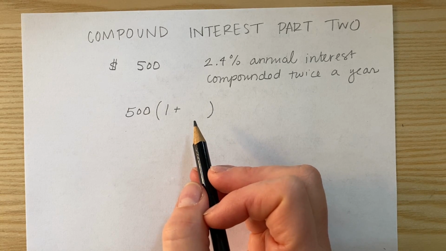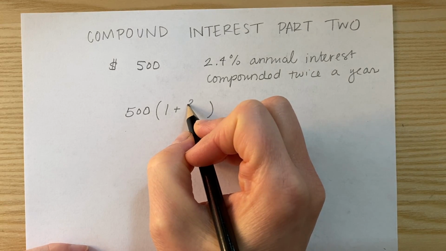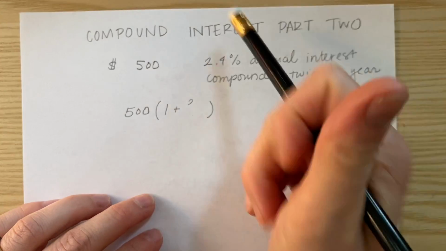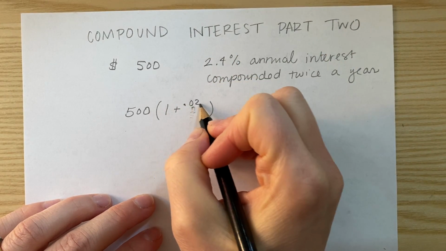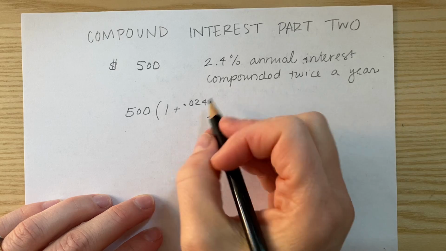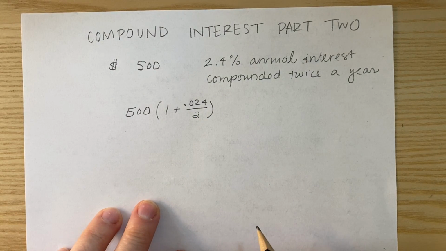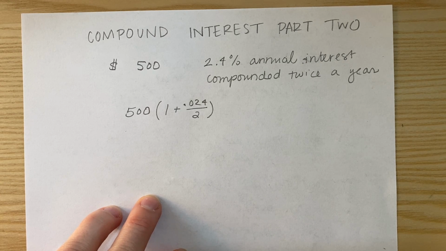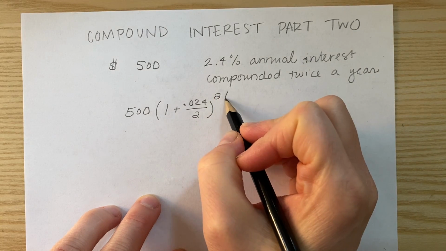Now, since we're compounding twice a year, we're going to take our 2.4% interest rate, or rather our 0.024, and we're going to divide it by 2. So we're only going to get 0.012 added on each time we compound, but we're going to compound twice as often.